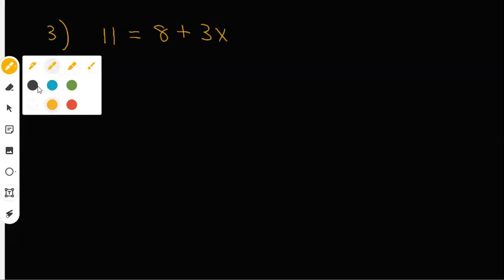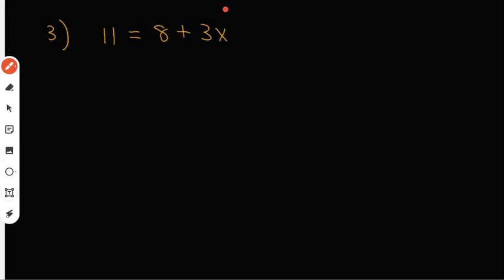All right, so number 3 says 11 equals 8 plus 3x. What I want to do is get the x by itself. That means I need to get rid of the 3 and the 8. And I'm going to get rid of the 8 first.